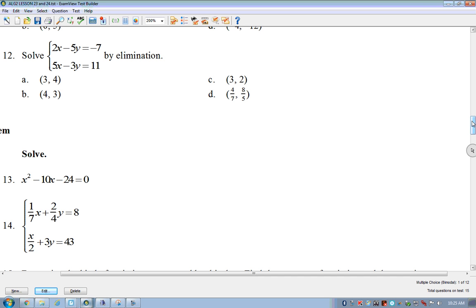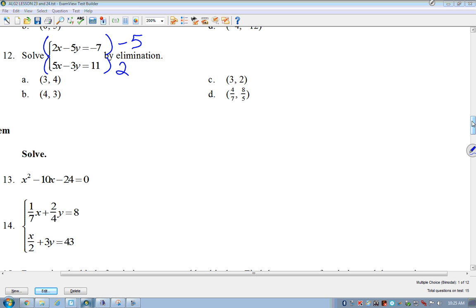Okay, so I'm seeing x. Okay, let's see, what's the least common multiple? 10. All right. Do I want my top to be negative or my bottom to be negative? So whenever I add them together, they cancel out. Okay, so I'm going to multiply by what? -5, and I'm going to multiply the bottom by +2.